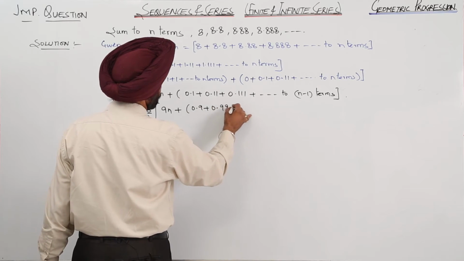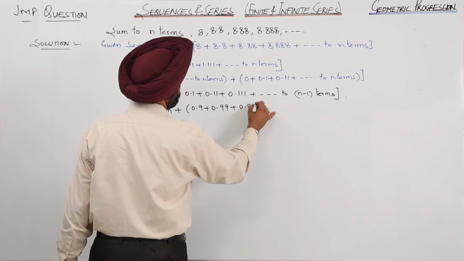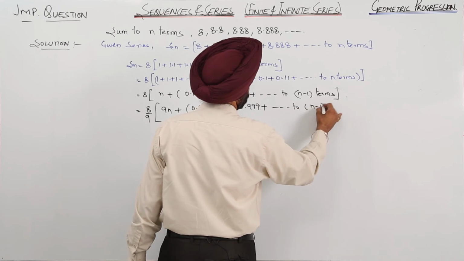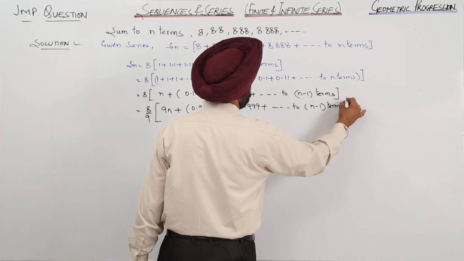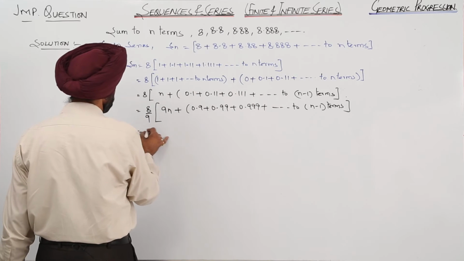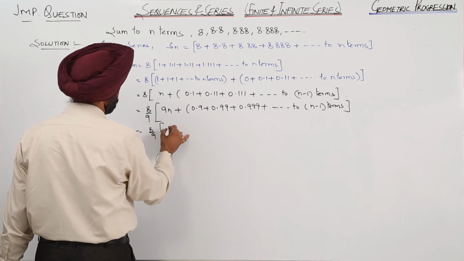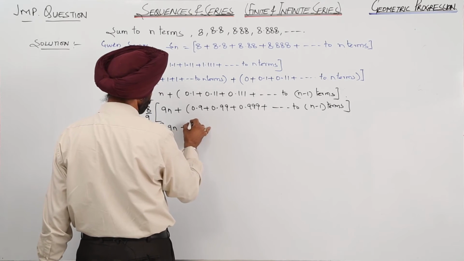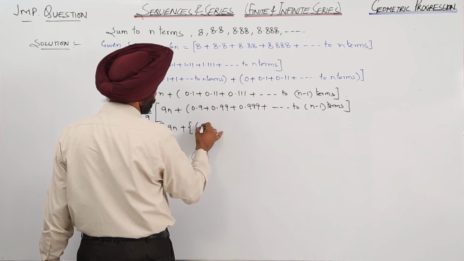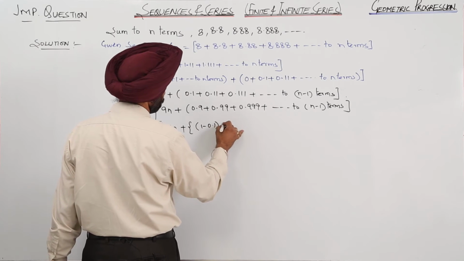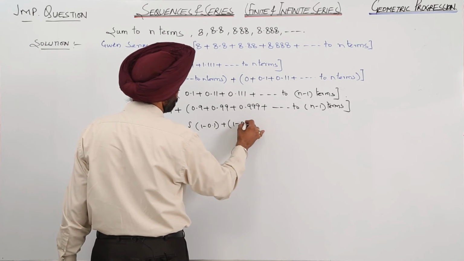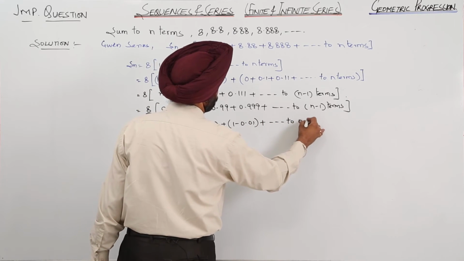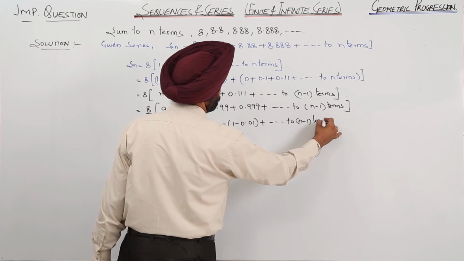Now to this part you can go as we have done earlier. 8/9 times (9n + (1 − 0.1) + (1 − 0.01) up to n minus 1 terms).